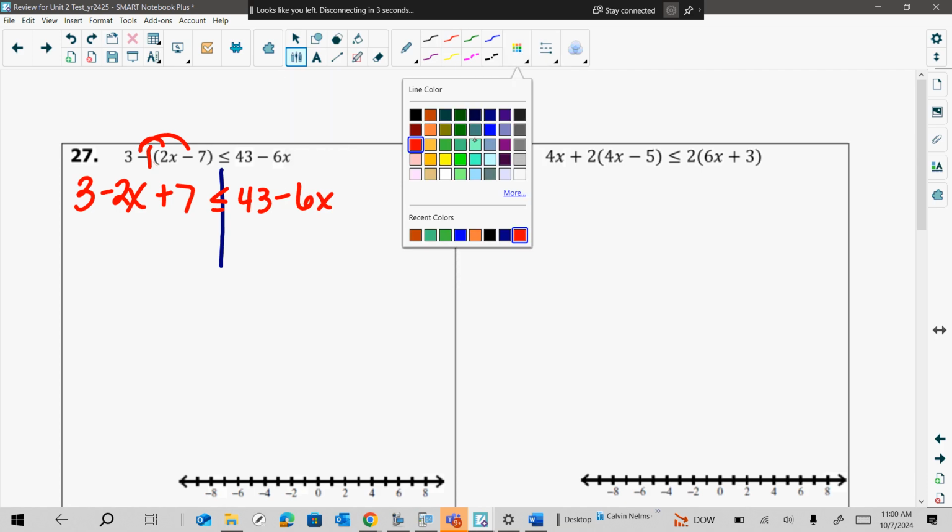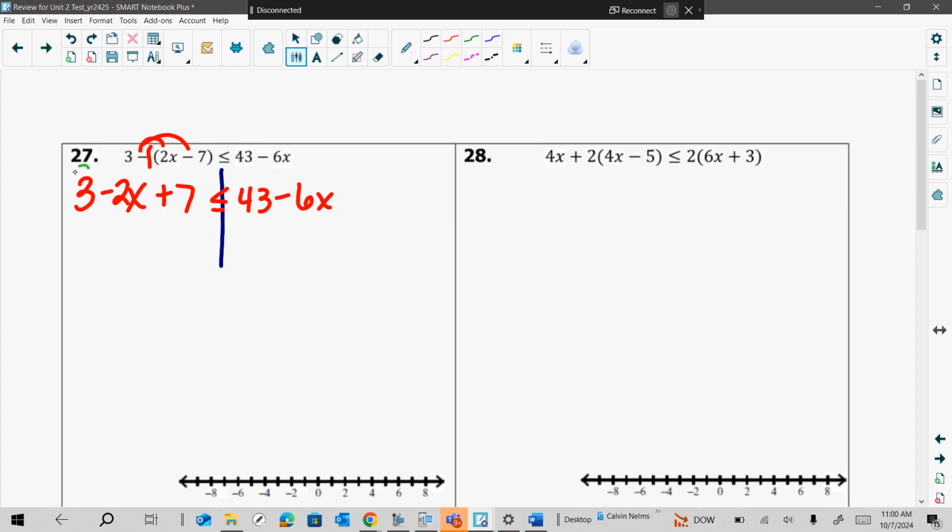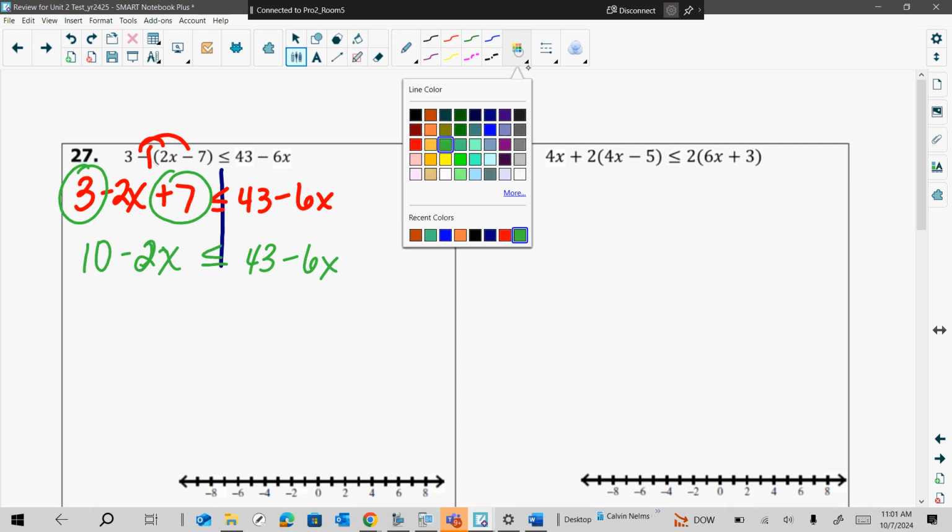Now what should we do? Combine those like terms, the 3 and the 7. Hopefully we're adding the 6x.